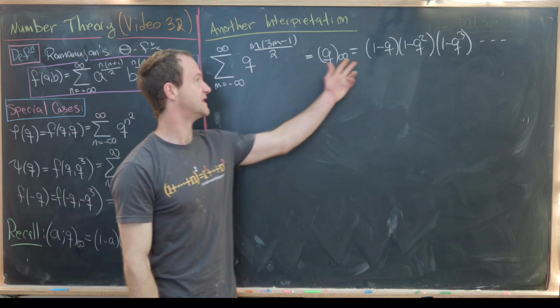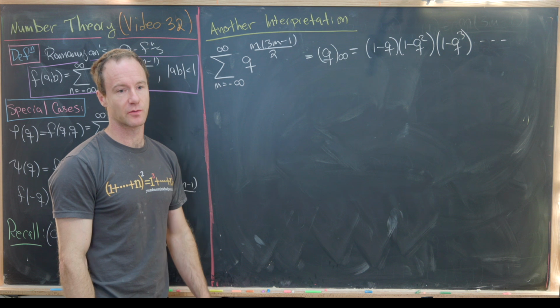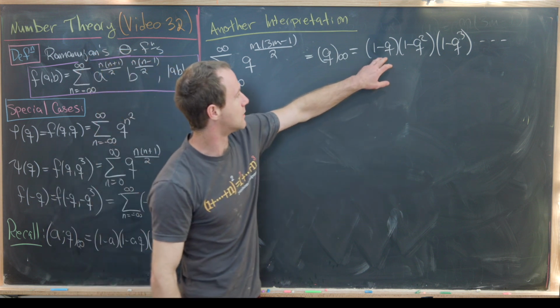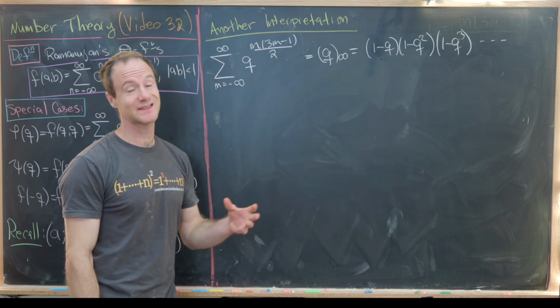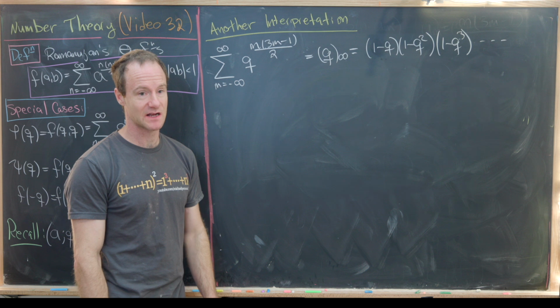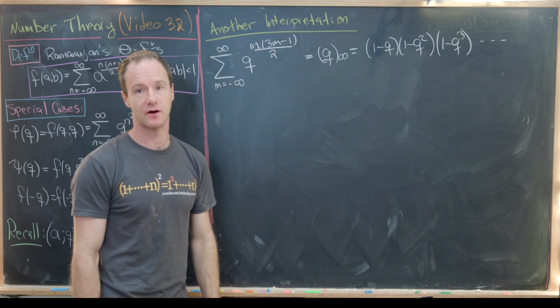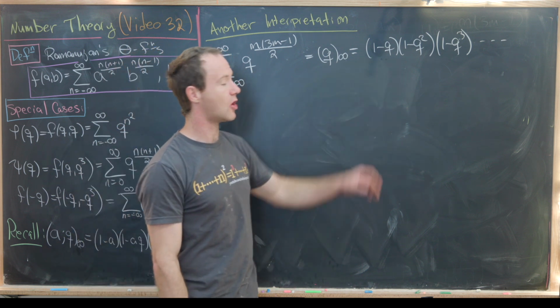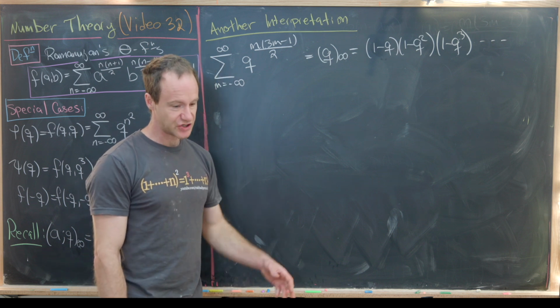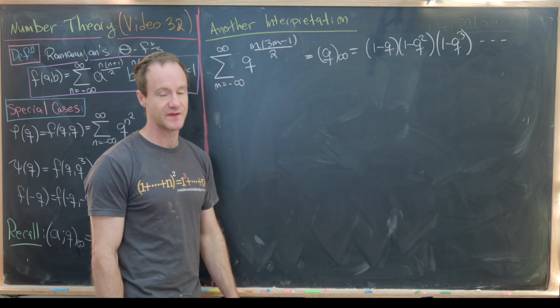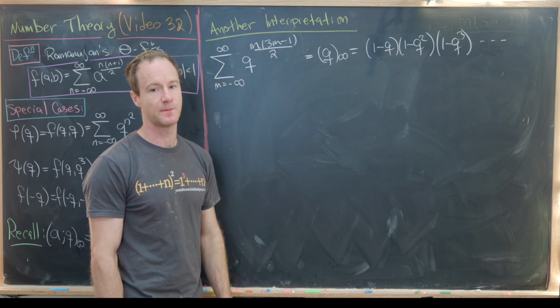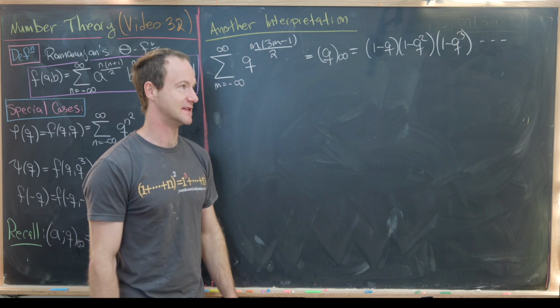So that starts with this identity that we had in an earlier proposition, but now we're going to multiply these out. Obviously, it's hard to write down the exact numbers, but we can interpret what we get from multiplying these out. So this looks almost like the generating function for partitions with distinct parts. And it's actually really related to that.